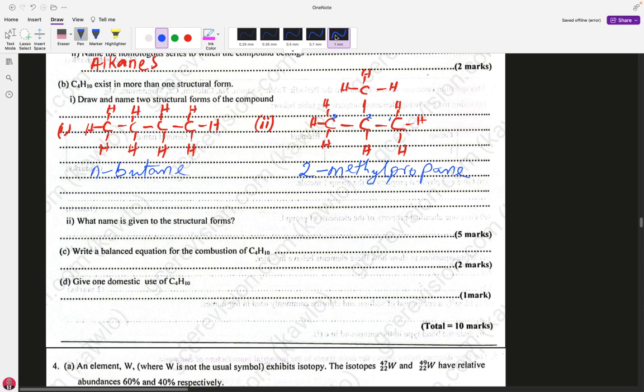That's why I say you should be able to differentiate between isotopes and allotropes. These are isomers. Isomers is the name given to them.